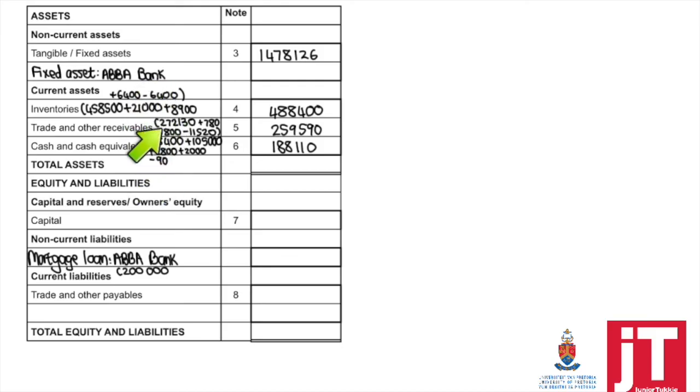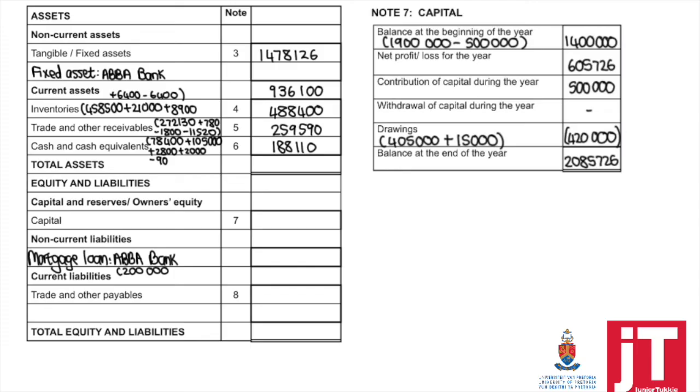Make sure that you add and subtract the correct figures in that line. Don't make a mistake with that. Once we've calculated note number 4, 5, and 6, we can add it together to find out our current assets. Note number 7, the balance at the end of the year goes to your capital.